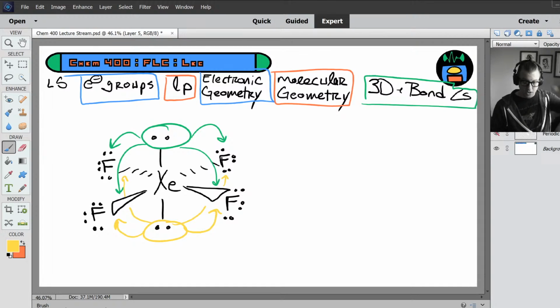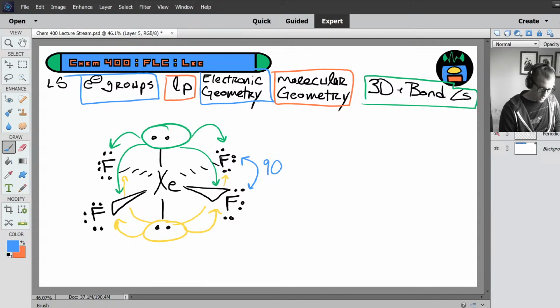It's one lone pair pushing from opposite directions. That causes the bond angles to be nice, clean 90 degrees from each other. All right, so that is an interesting part about the square planar geometry: there's no bond angle distortion due to lone pairs. All right.